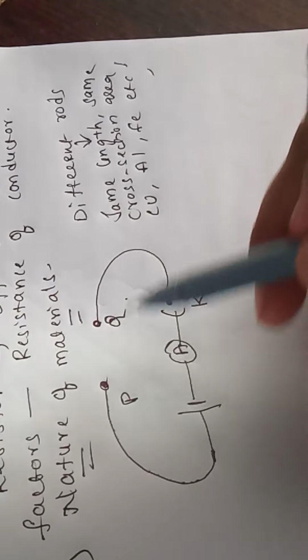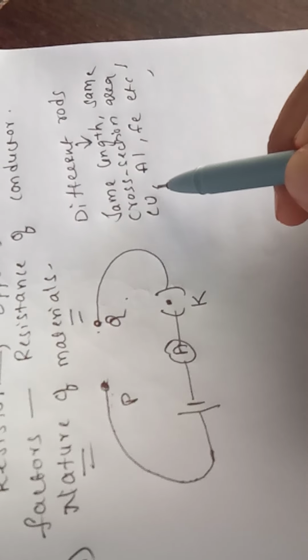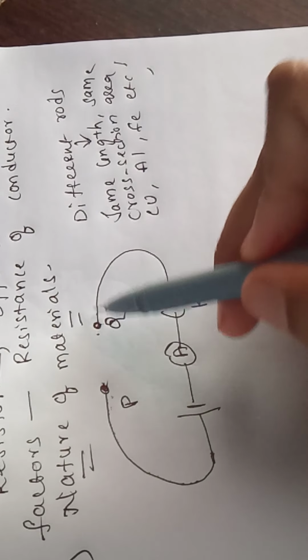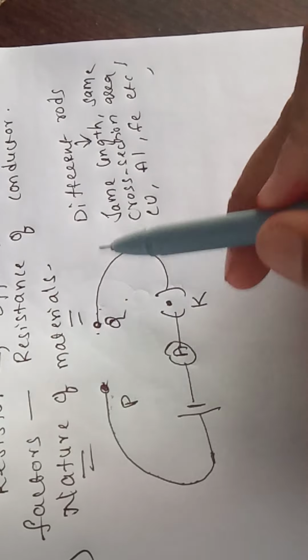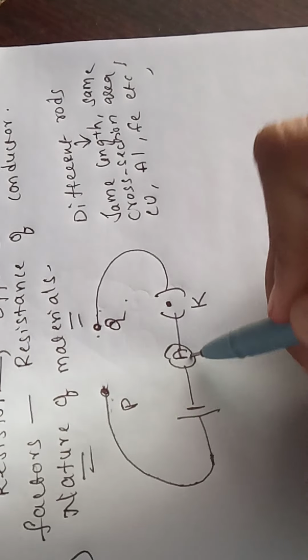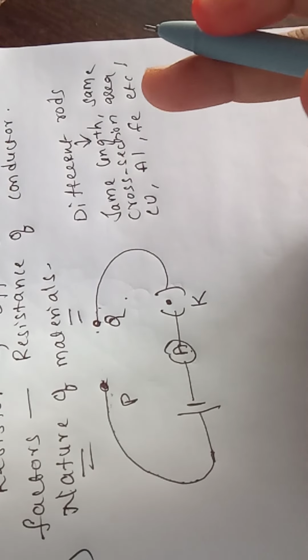Now first connect one rod between these gaps. For example, let us take copper, and connect it between the gap PQ. Now measure the electric current using an ammeter and note down the value.